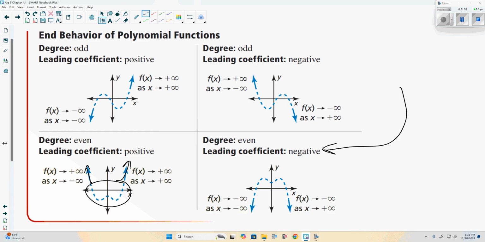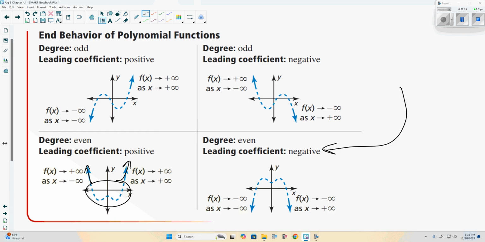And f of x will go to infinity as x approaches positive infinity. Now, if it's an even degree and the leading coefficient's negative, well, f of x is going to go down to negative infinity as x approaches negative infinity. And f of x approaches negative infinity as x approaches positive infinity.